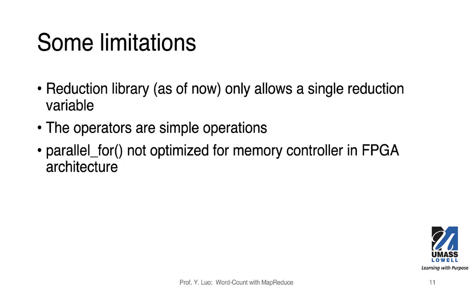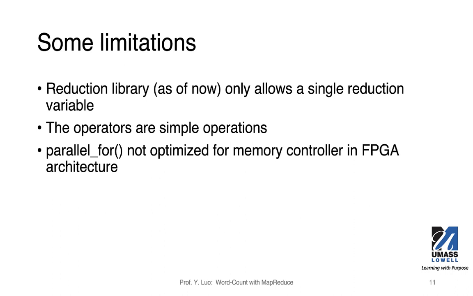Now, the reduction library is very simple and it can be applied to certain applications, but it has its own limitations. So far, this reduction library only allows a single reduction variable. So if you want to collect partial results doing reduction on multiple variables, this will not work.